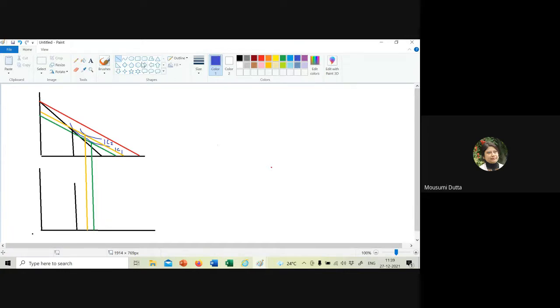And finally, this is the income effect, which is to the left of the initial consumption point P.